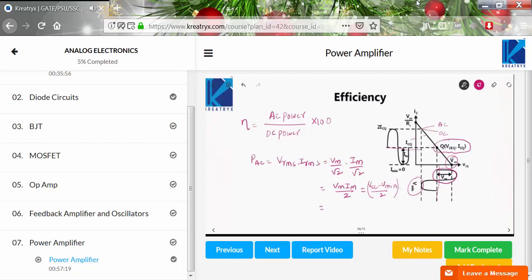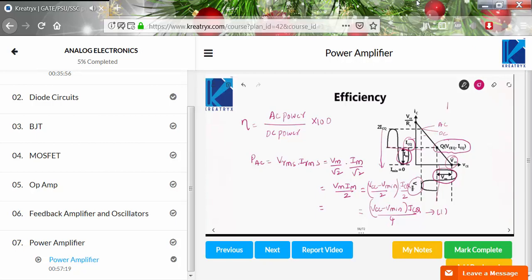Im is nothing but I_CQ, because the total value is 2 I_CQ, right? So Im is I_CQ by 2. So P_AC is equal to (V_CC minus V_min) into I_CQ by 4. Now consider this one as equation 1.